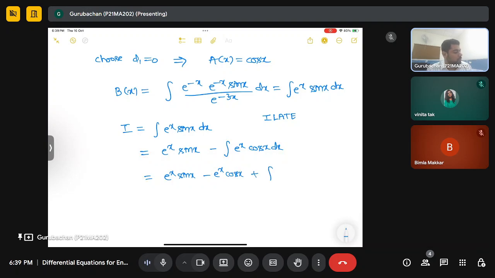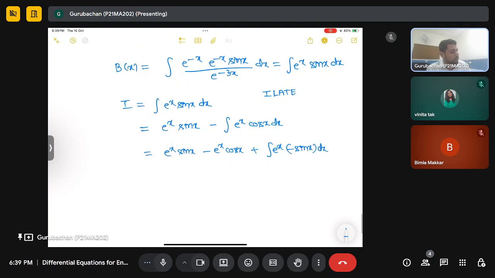Minus minus will be plus, but because of the differentiation of cos it will become minus again. So if you observe closely, this is sin x minus cos x, and if you take the minus sign outside, it will be I itself. Therefore I will be e to the power x by 2 times sin x minus cos x plus some arbitrary constant.